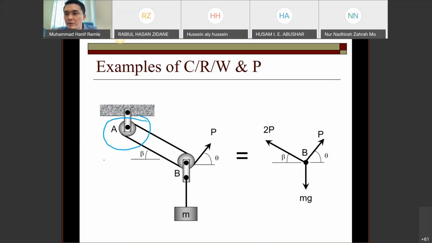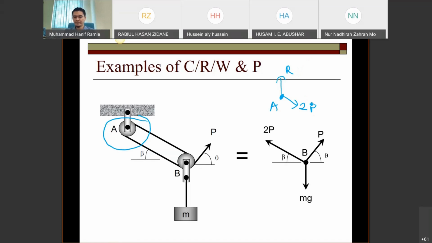how many forces? Anyone? Reaction upward, and 2T. Yes, correct. 2P.